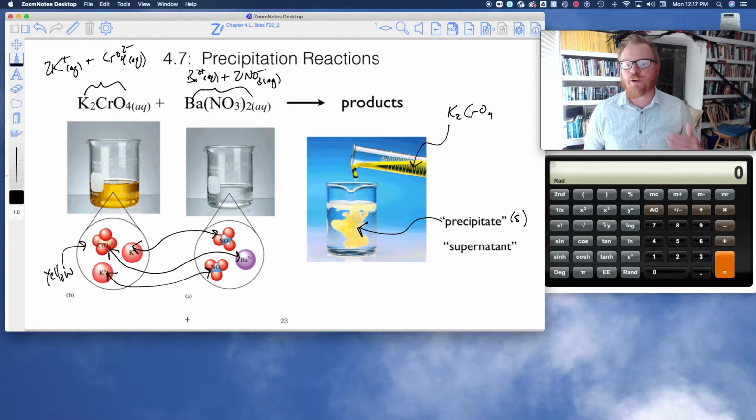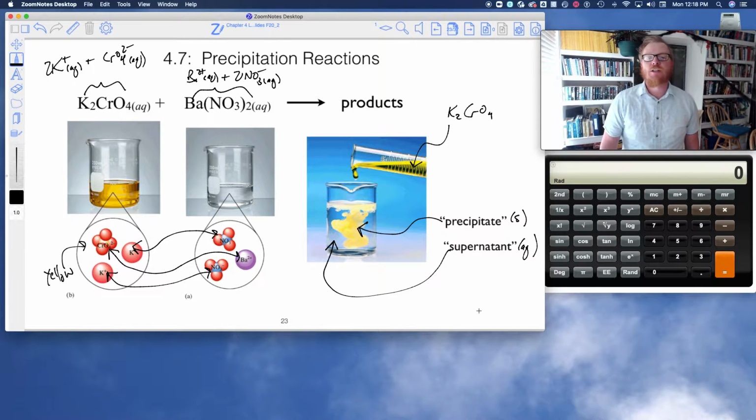What we have to figure out is what is the precipitate, so what is the solid, and what is in the supernatant. The supernatant represents the solution that's surrounding the precipitate, and that supernatant will contain the aqueous spectator ions. So how do we know which one is the solid? Our options are barium chromate, so let's write that for our product.